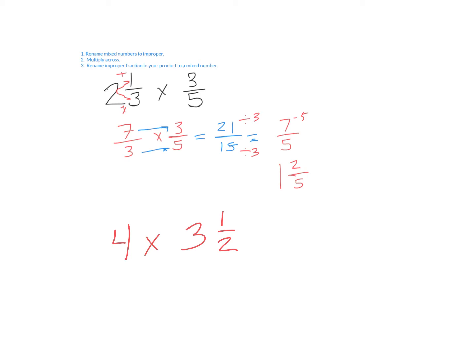Now, those of you who remember, we did this a while ago when we were adding fractions. I can make any whole number into a fraction by simply putting it over 1.